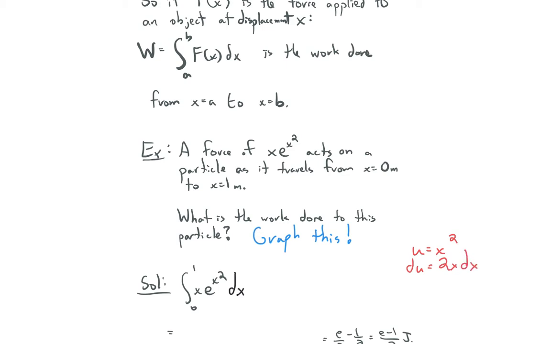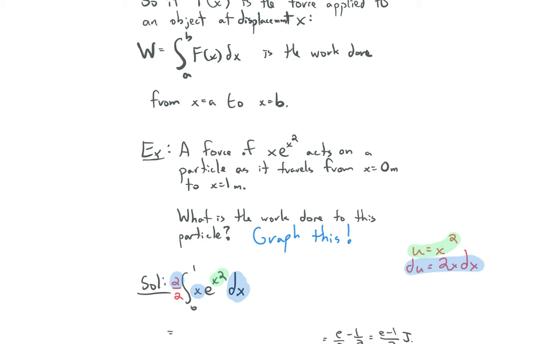So let's multiply our integral by 2 over 2, so we can take out that 2x dx and replace it with du. That's a nice little substitution. We'll take out the x dx and the 2, and the x squared will become that u.